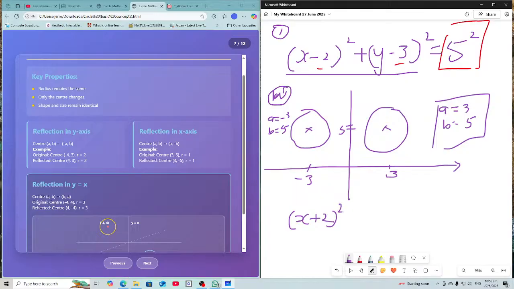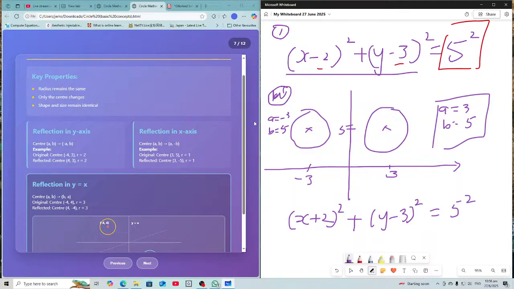And of course this one remains the same, and your radius is still the same. It's actually 5 squared. Can follow? That's what you need to know. So that's how we do that. So reflection about the y-axis, reflection about the x-axis. I put it there like that for you already. Please understand yourself, so I'm not going to share too much.